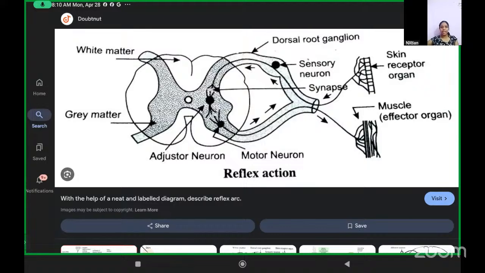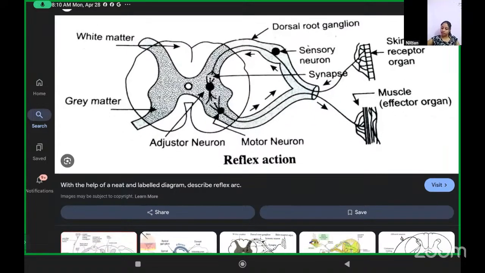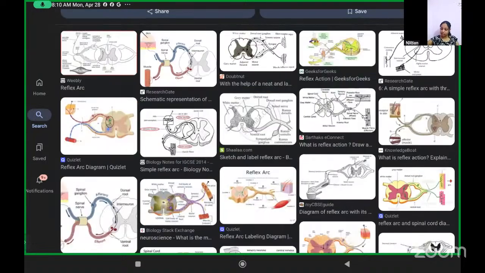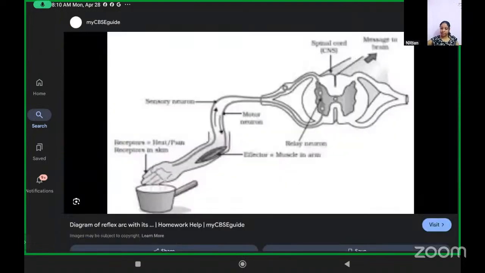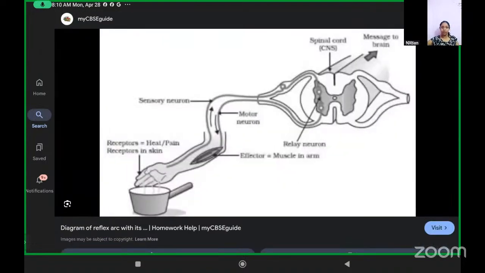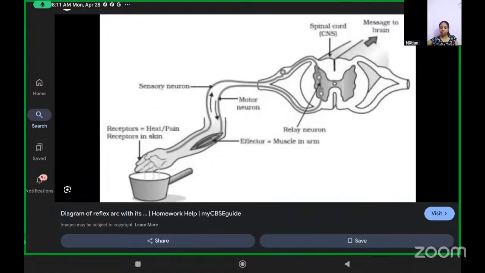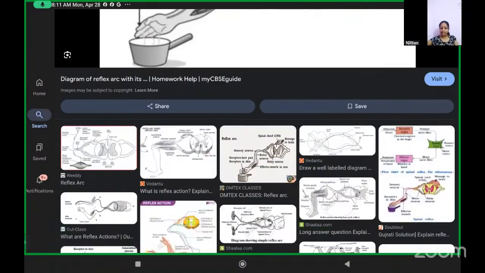I suggest you go with this diagram when you are explaining reflex action, because the reflex arc is not in our syllabus in much detail. There is nothing mentioned about the reflex arc and its components, so you don't have to go through it in detail right now.